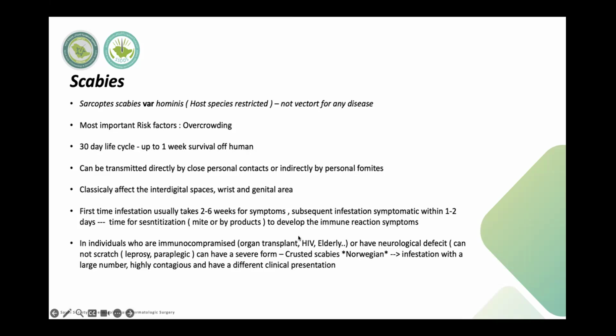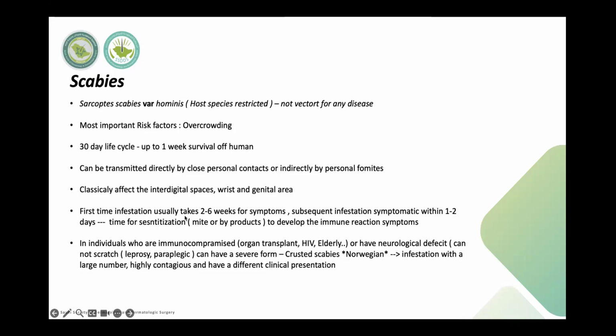It classically affects the interdigital space, wrist, and genital area. Usually it takes a few weeks for the symptoms to appear because the symptom is itching due to hypersensitivity to the parasite or its particles, the mite or its byproducts like the feces or the eggs and so on.